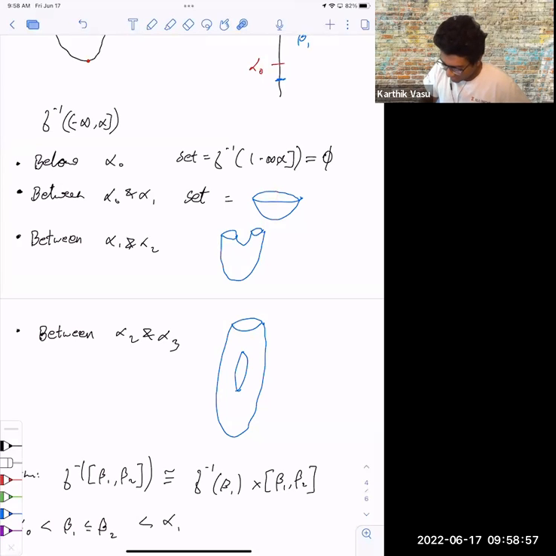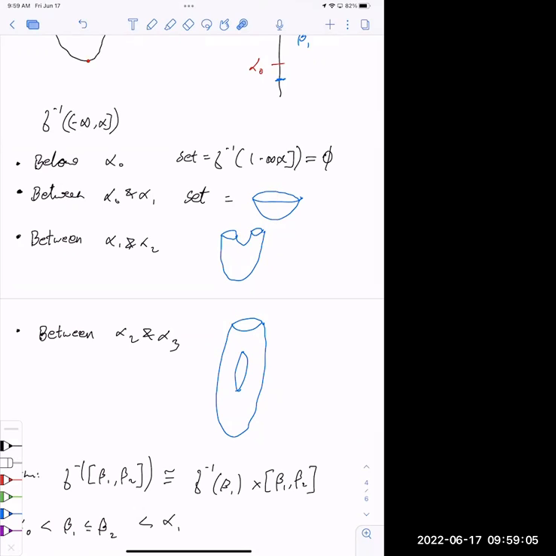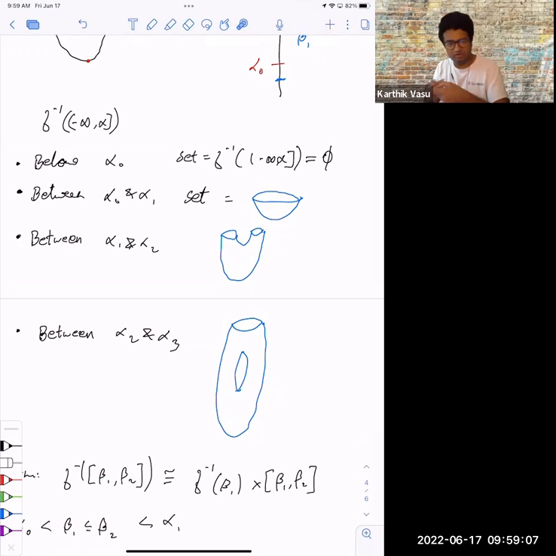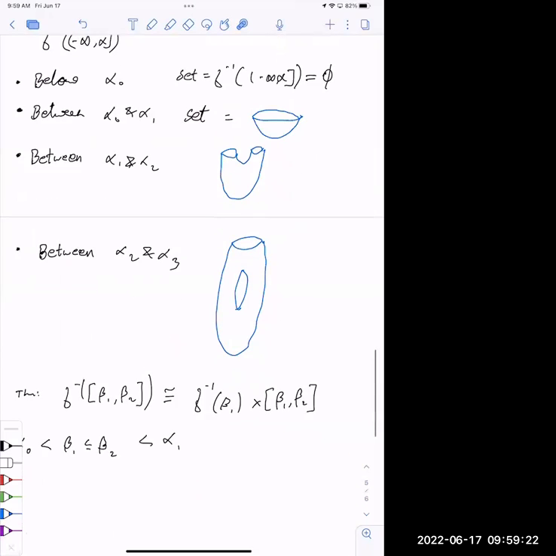And a similar thing for here to here: you glue these two together and kind of separate them. So some gluing or separation happens when you go through a critical point. Yeah, exactly. This only happens near the critical point. That's the whole thing here.